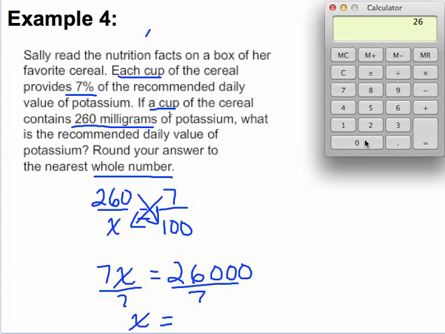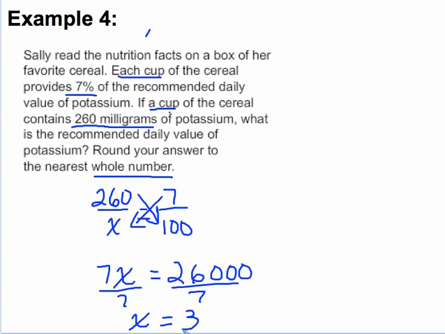So 26,000 divided by 7, I'm going to get 3,714.2857, and so on. So I'm looking right here at this 2. Since it's less than 5, I'm going to round down, and my final answer is going to be 3,714 milligrams of potassium needed in a day.